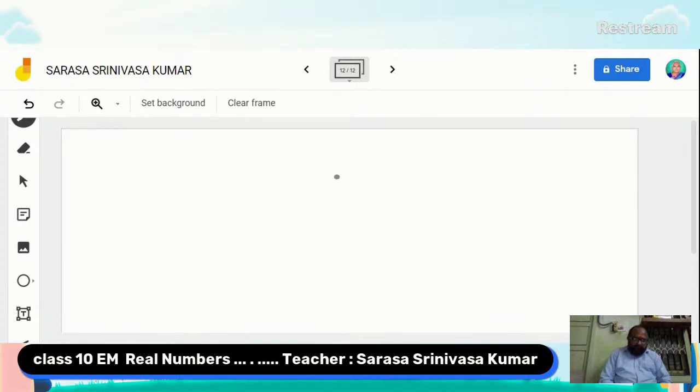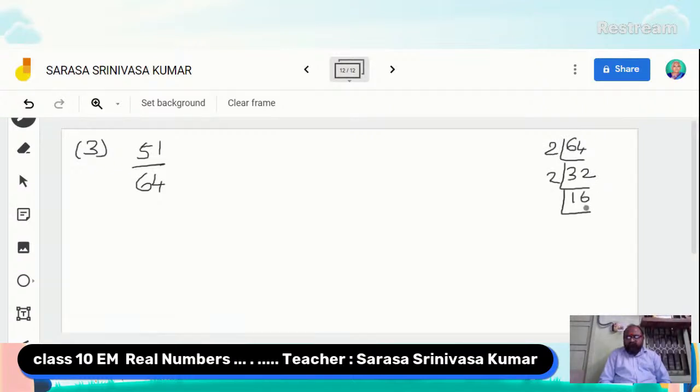Third problem is 51 by 64. Now we find prime factors for 64. 64 to 32s, to 16s, to 8s, to 4s, to 2s.